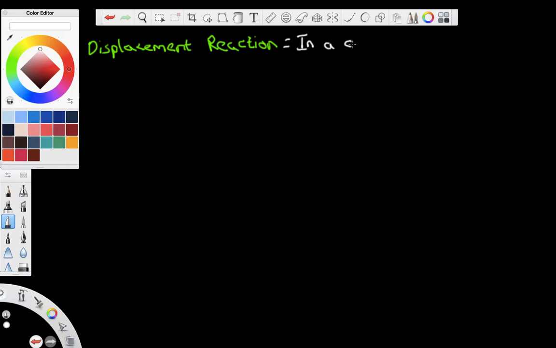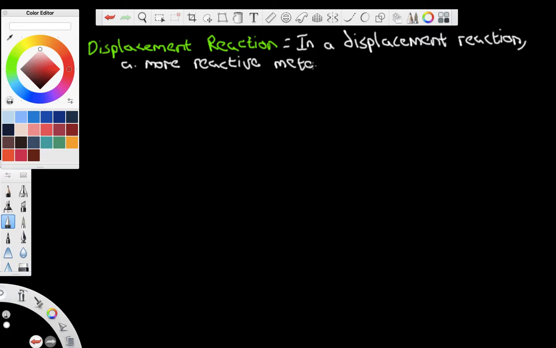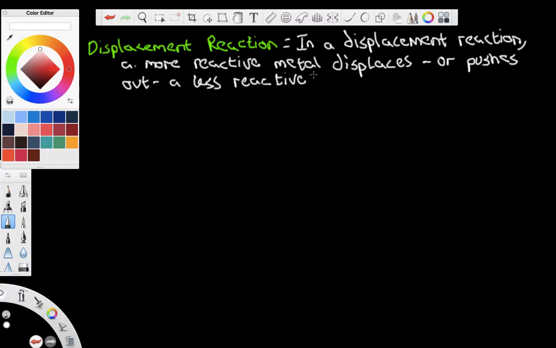In a displacement reaction, a more reactive metal displaces, which is a posh word for saying pushes out, a less reactive metal from a compound.